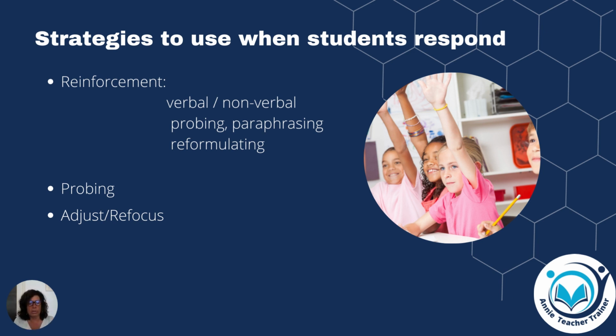Ask probing questions. These probing questions will help them develop more critical analysis of their own ideas. And also adjust and refocus. Sometimes if a student gives a response that appears to be out of context, you can refocus to encourage the student to tie the response to the content that is being discussed.